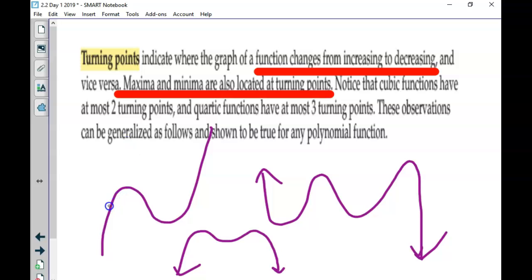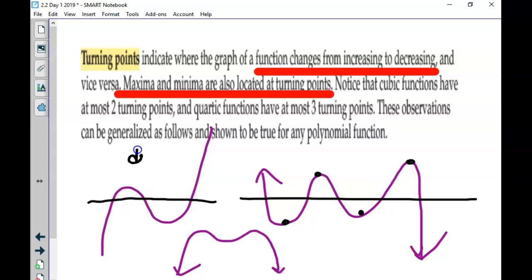So this could be a degree 3, but it could also be higher, but it would have to be an odd degree. But it could cross x 3 different places. This one has how many turning points, guys? 1, 2, 3, 4. Okay? This one was probably degree 3, and it had 2 turning points.